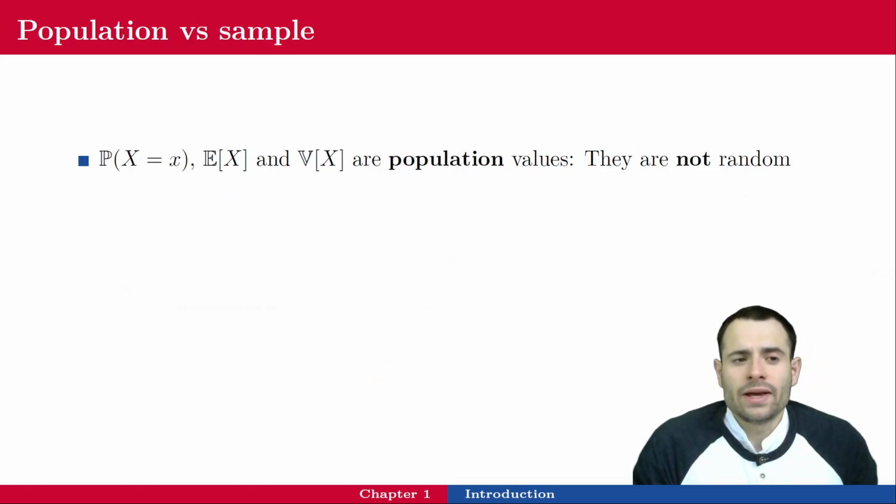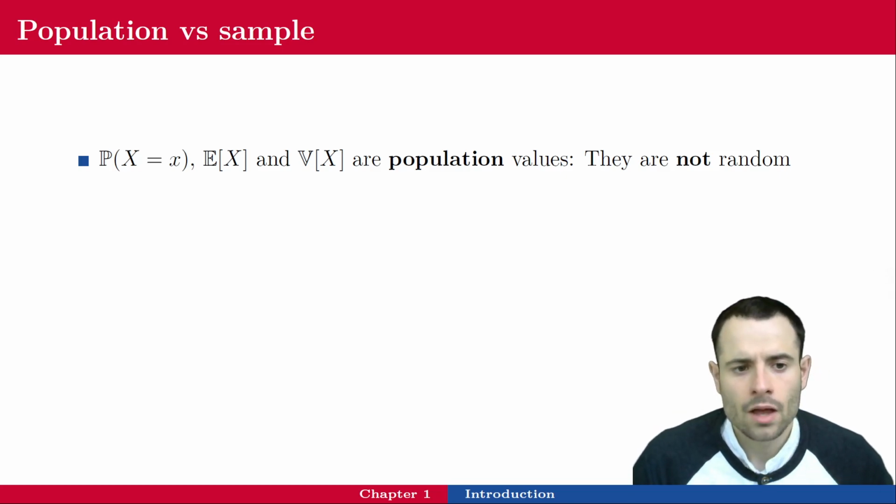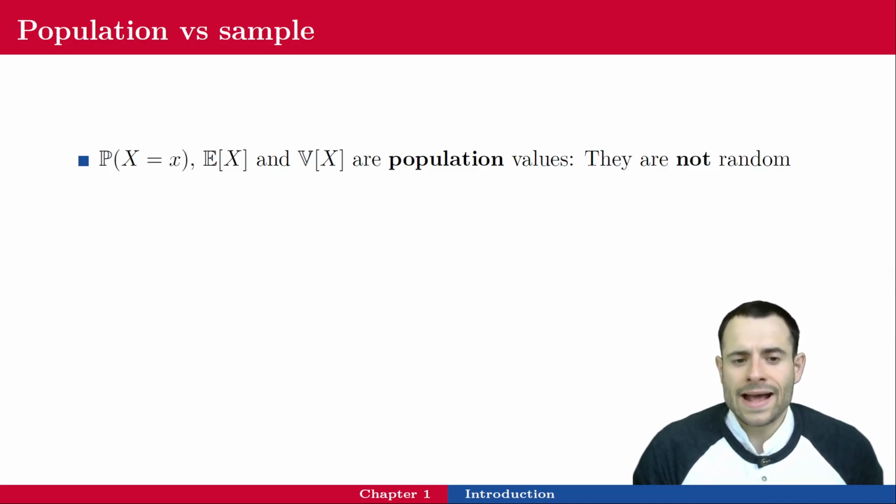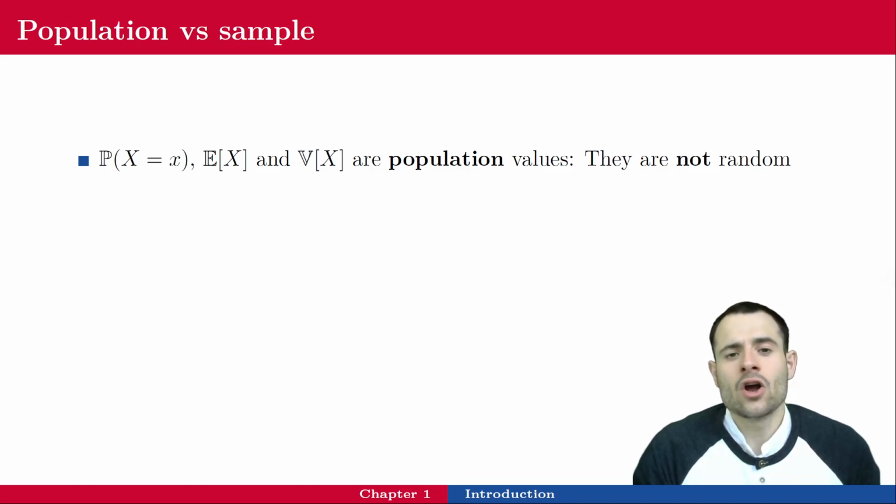Another distinction I need to make. Often I will talk about population quantities and sample quantities, or population value and sample value. The probability that X is equal to small x, expectation and variance are what we call population values. They are not random. X is random, but its average is not random.